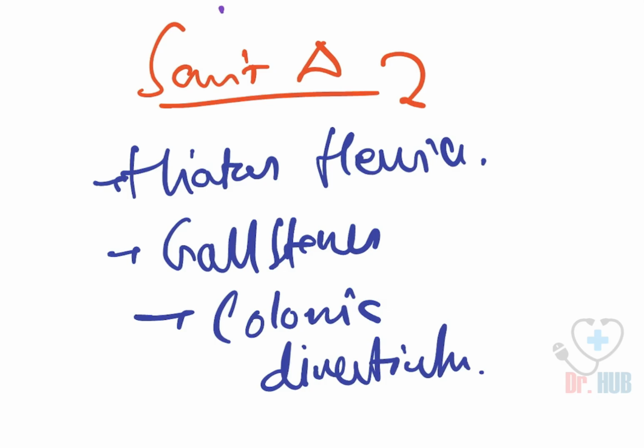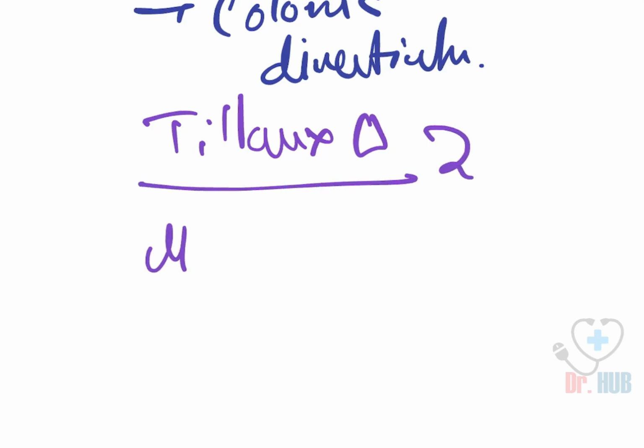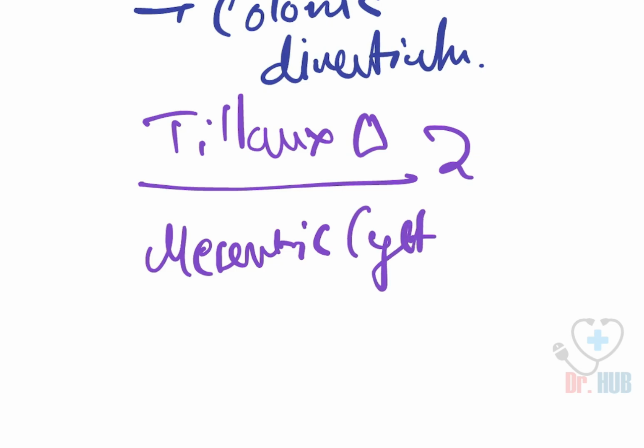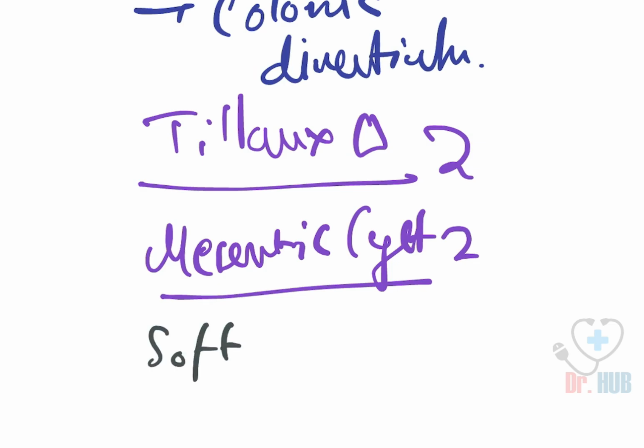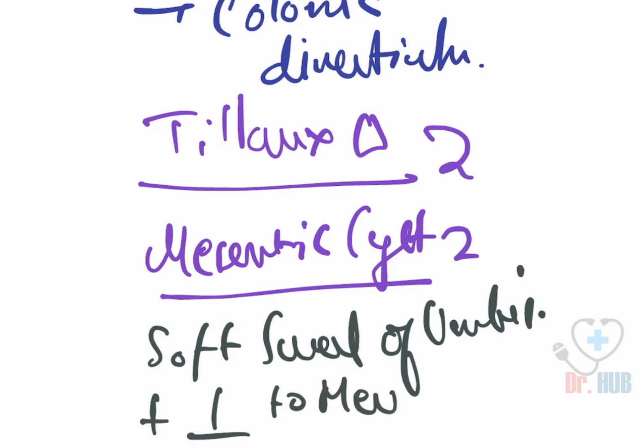Then we move on to the Tillaux Triad. So Tillaux Triad is seen in the mesenteric cyst. And what are the components it includes? There is a soft fluctuant swelling of the umbilical region, and it is freely mobile perpendicular to the mesentery.